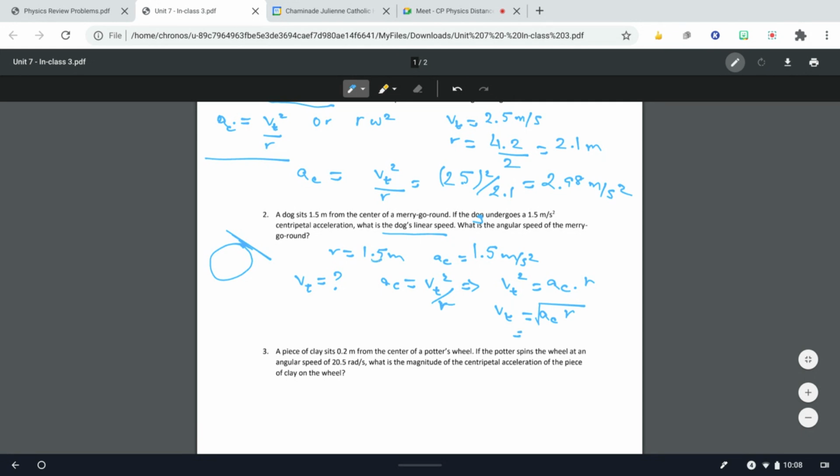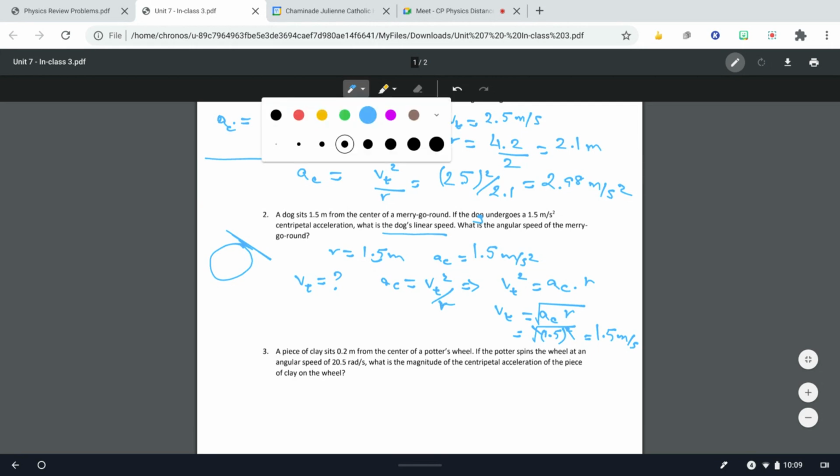Since your radius is 1.5 meters and AC is 1.5, you're going to have 1.5 squared under the radical. The radical cancels out the square, and you've got a 1.5 meter per second tangential speed. Right? Any questions with this? So that's what the Vt would be, 1.5. Yep. Okay. Right, and you can do that too. You can multiply 1.5 times 1.5 and square root that answer, and you should still get 1.5.